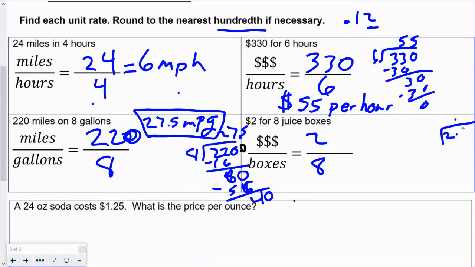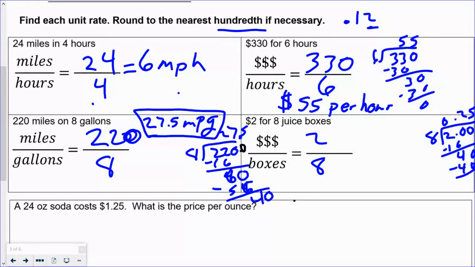No. We got to add some zeros there. 8 can't go into 2, but it can go into 20 two times. Minus 16. Now that is a 4. We get 40, and 5 times 8 equals our 40.